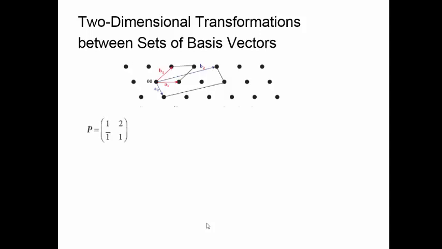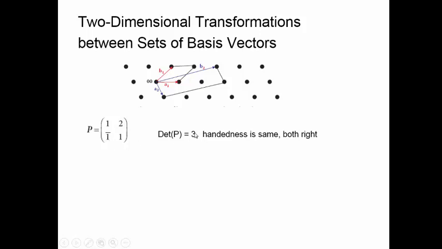Now let's see if we can see some interesting facts about the transformation matrix. We could take the determinant of the matrix, and we see that the determinant is 3. That is, it's 1 times 1, which is 1, minus 2 times minus 1, which gives me 3 altogether.